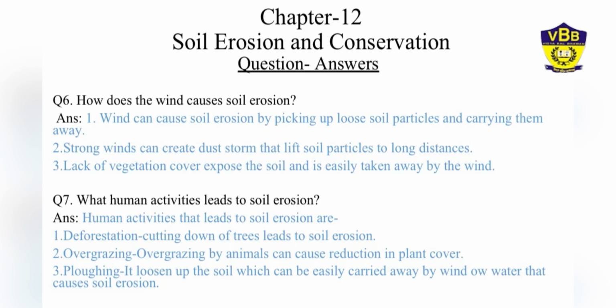But sometimes this loosened soil is easily taken away by the water or wind, that also causes soil erosion. So these are the 3 main factors, that is deforestation, overgrazing and plowing, which are done by human beings, which lead to soil erosion.